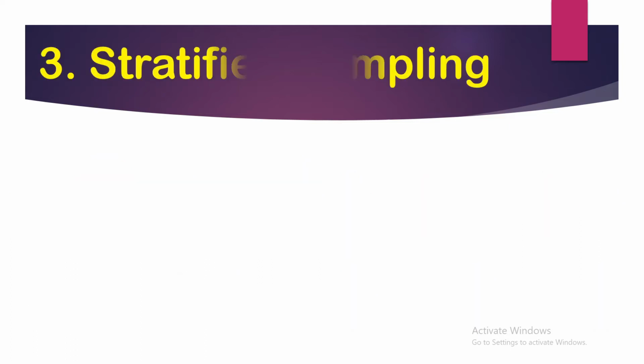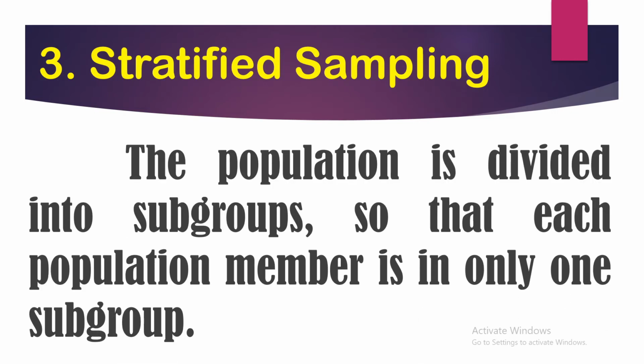Another sampling technique is stratified sampling. The population here is divided into subgroups so that each population member is in only one subgroup. So for stratified sampling, we have to create subgroups first. Then we have to select samples from each subgroup.